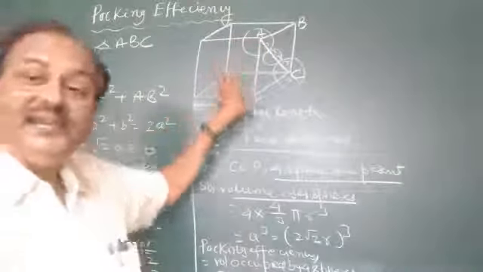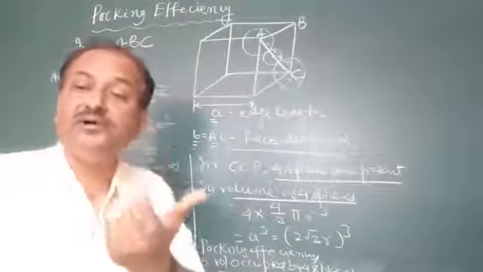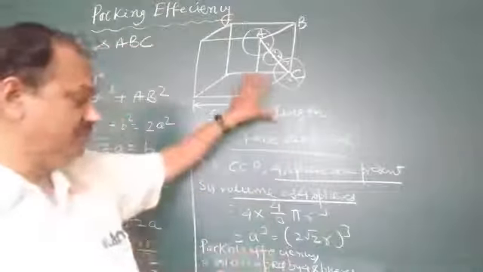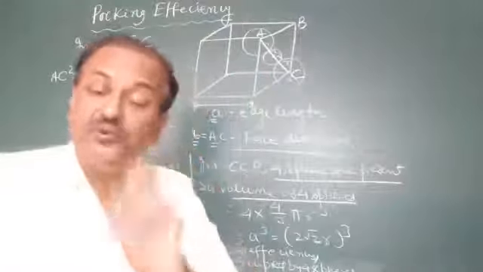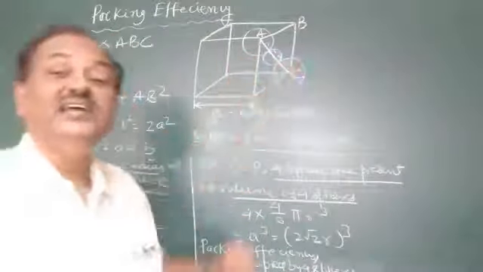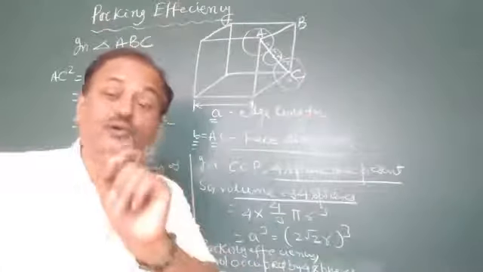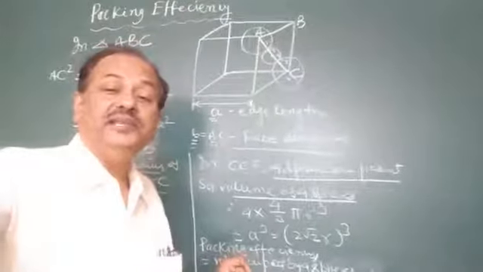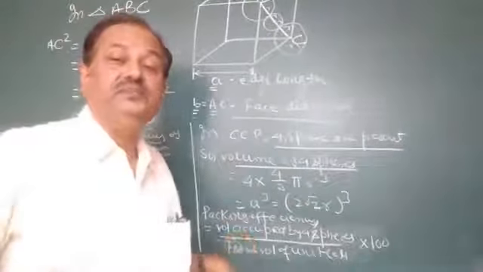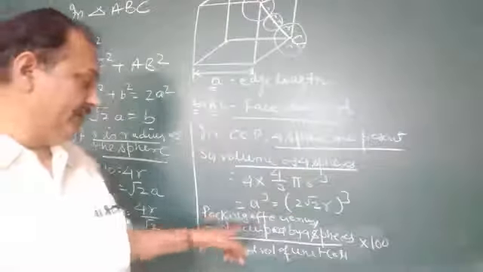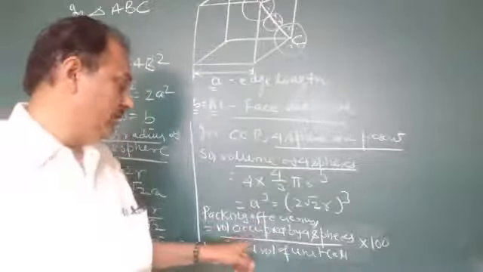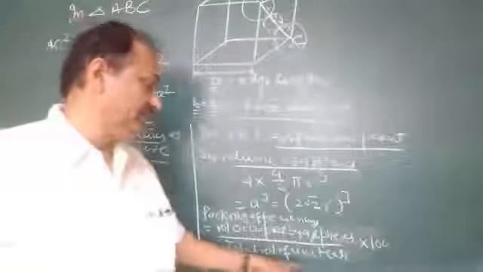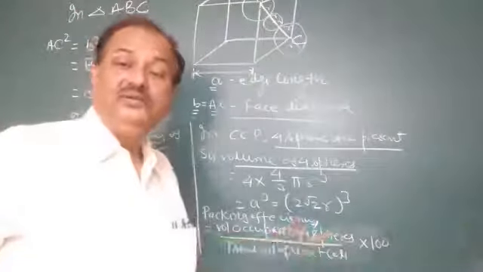This unit cell has a total volume of 4 spheres. So the volume of 4 spheres upon the total volume of the unit cell, because a very small space in the unit cell is left unoccupied, and it is so minute that it cannot be used to find out. So packing efficiency is equal to the volume occupied by 4 spheres present in the unit cell upon the total volume of the unit cell into 100. And so we find out like this.